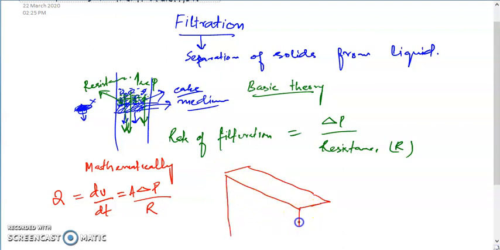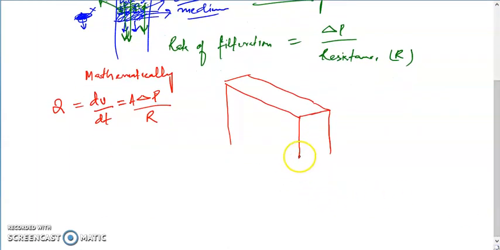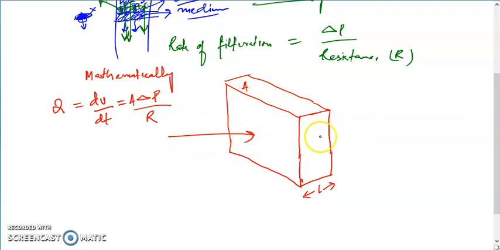Suppose this is a filter medium through which filtration is carried out. Suppose the thickness of this filter medium is L, and the cross-sectional area is A. The fluid is passed from this direction and it will leave in this direction.